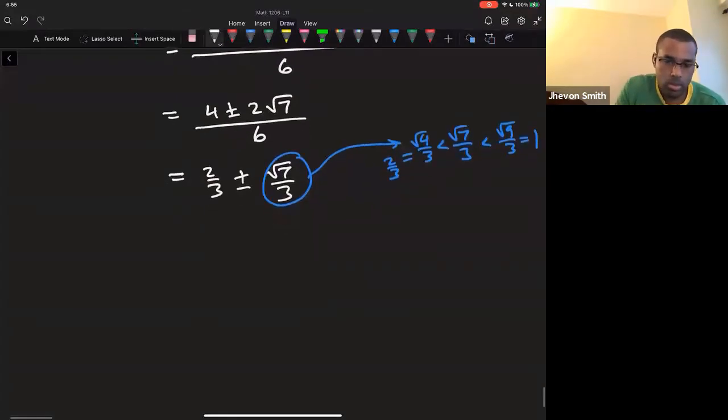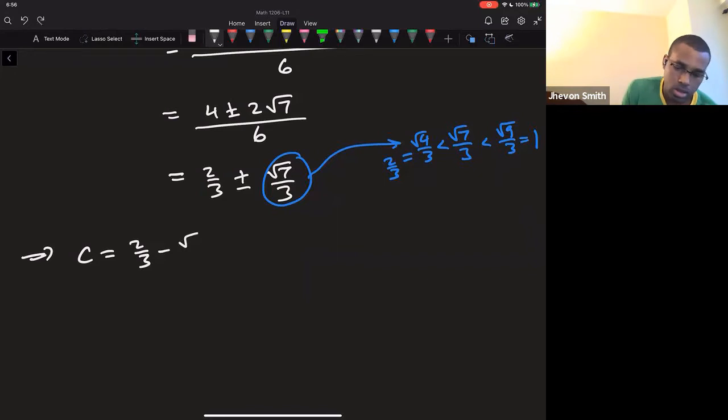So, all right, which means that c equals 2/3 minus rad 7 over 3 is going to be in this interval, right? And that's going to be close to 0. That's going to be somewhere between say 0 and minus 1/3. So that's definitely in there.